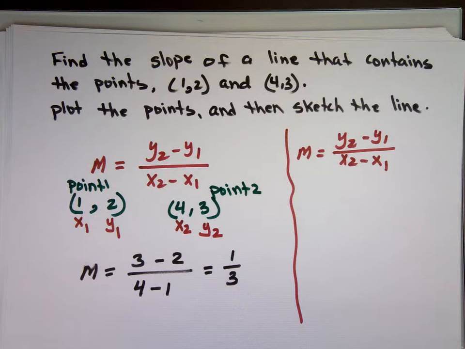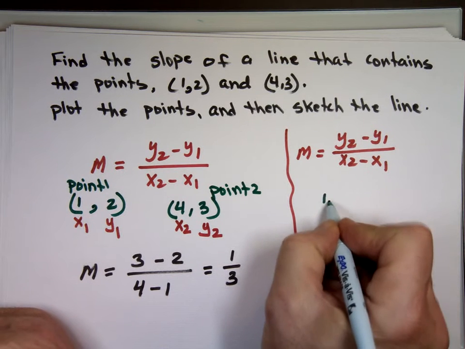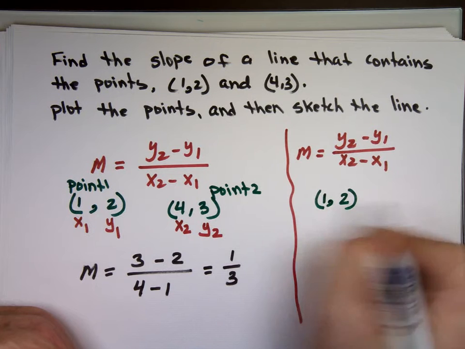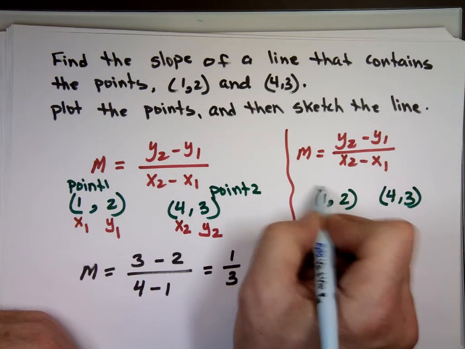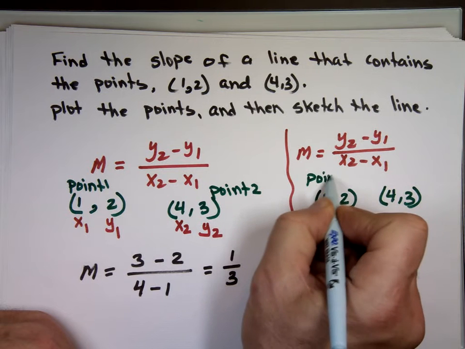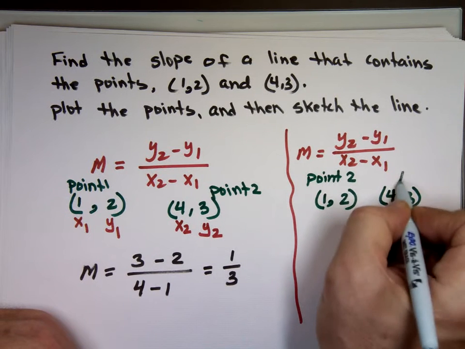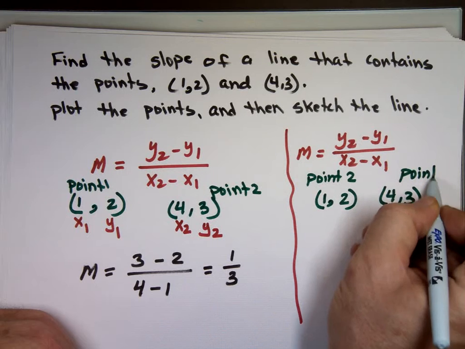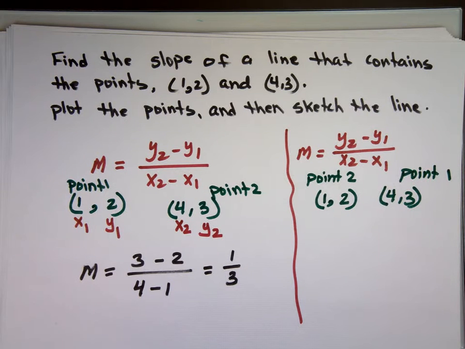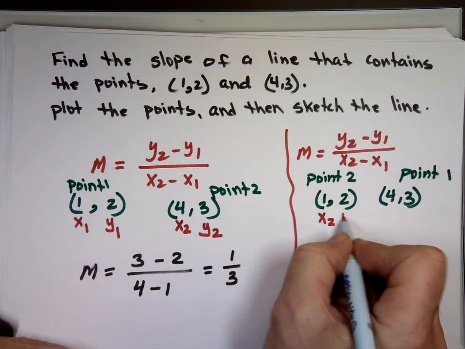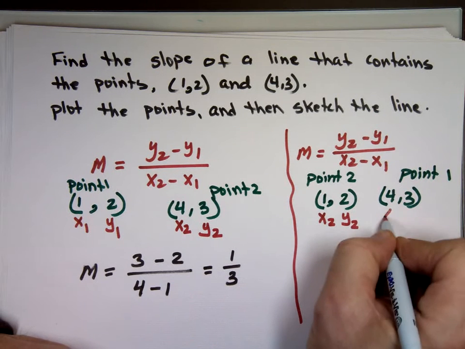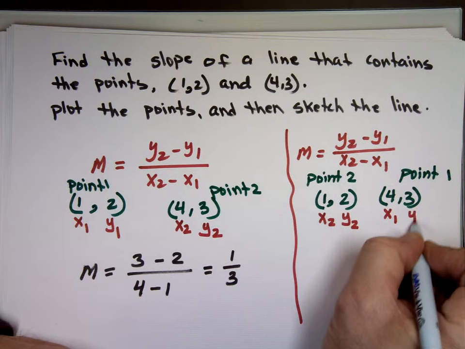Now let me redo the problem, but this time reverse them. I'm going to call this one point 2 and this is point 1. So this becomes the x value of point 2, that's the y value of point 2. The x value of point 1, the y value of point 1.